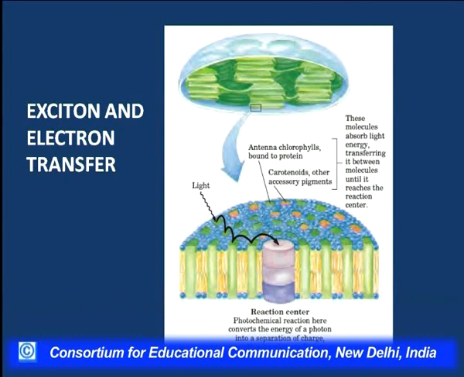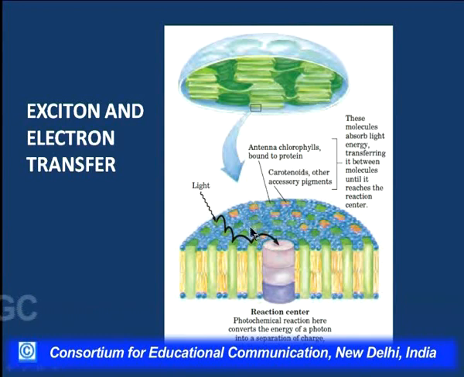If we look at this figure very carefully, we find that there is a reaction center in the center, and these are the different antennae giving the idea of an umbrella or a so-called dish antenna, where the energy has to be concentrated and ultimately go to the focal point, which is the reaction center.